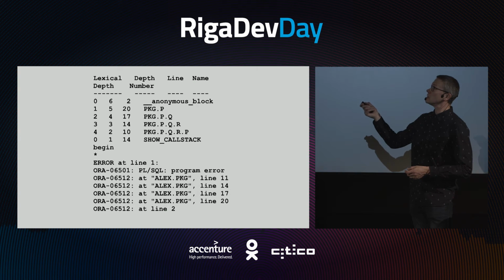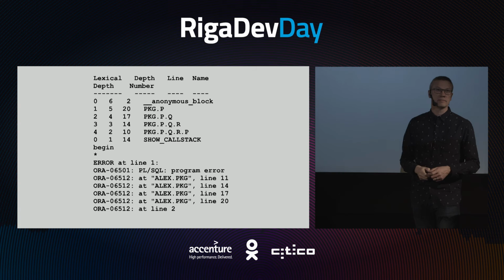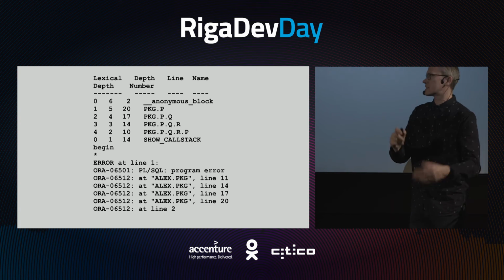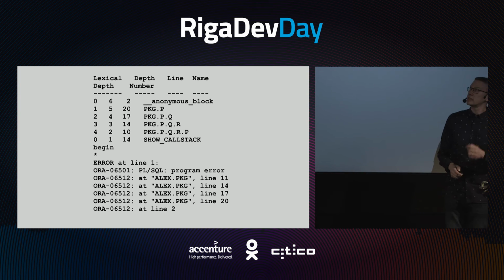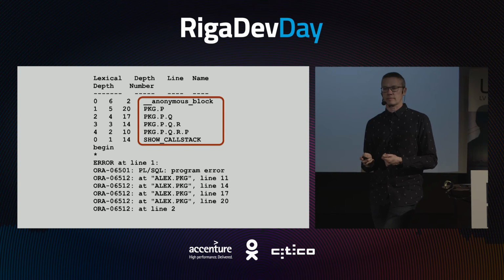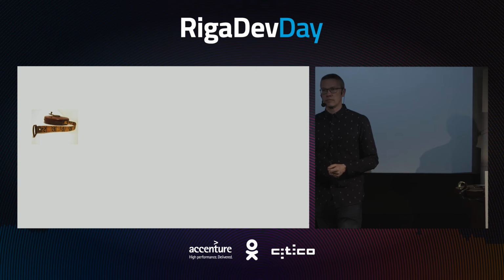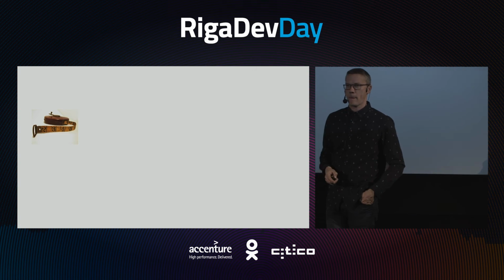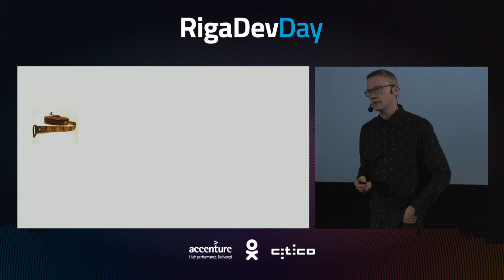P, which calls Q, which calls R, which calls P. Oh, that's nice, isn't it? Yes, that's nice. So that's a lot nicer. You get more detailed information about your call stack. You get the procedure name.